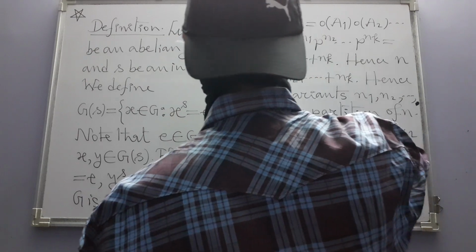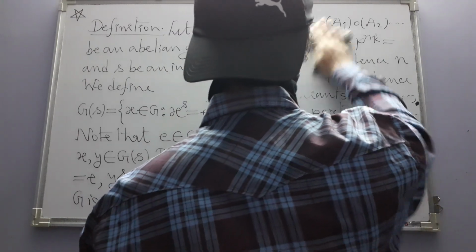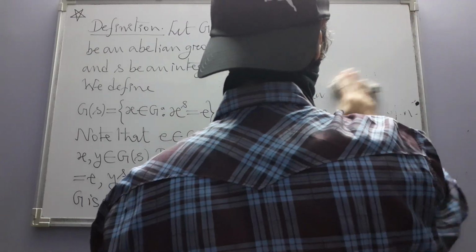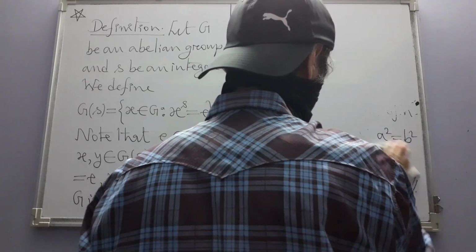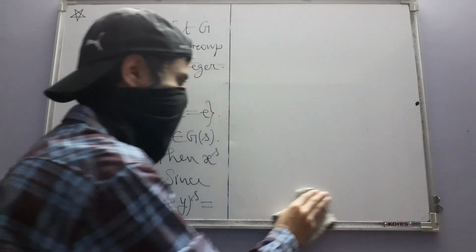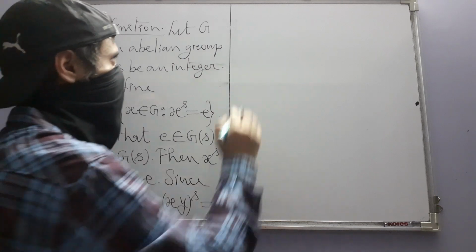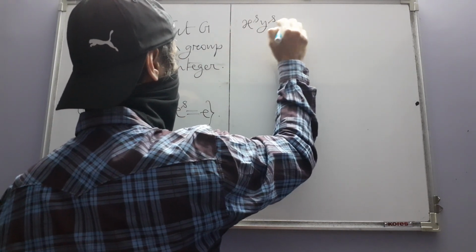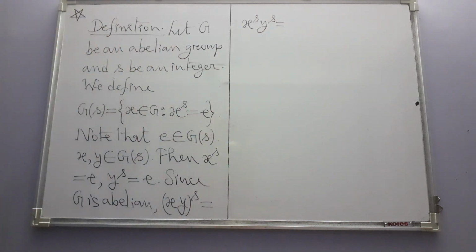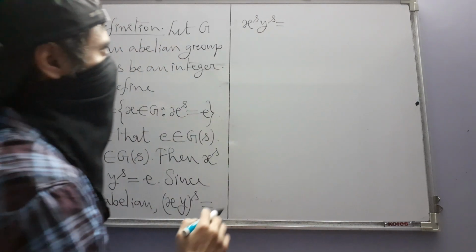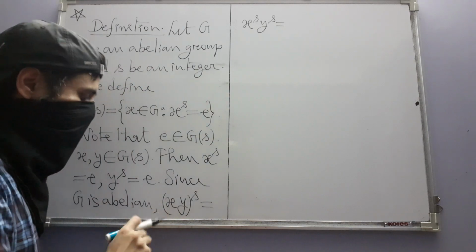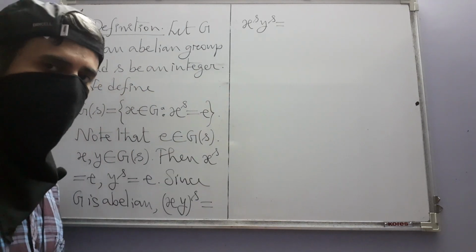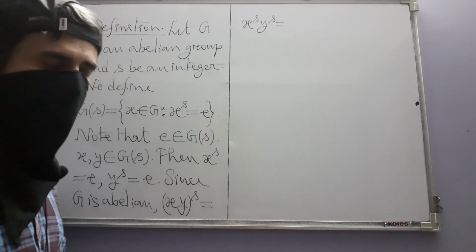So that is also ultimately going to be e. Keep in mind that this is possible only because G is abelian. In general, this is not the case. In general, this will be xy times xy times xy, s copies of xy.